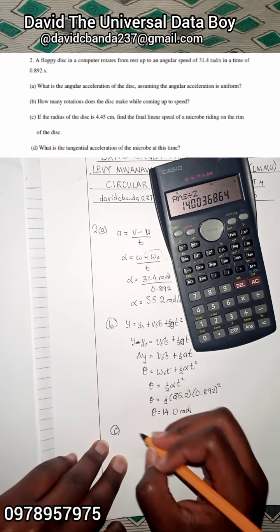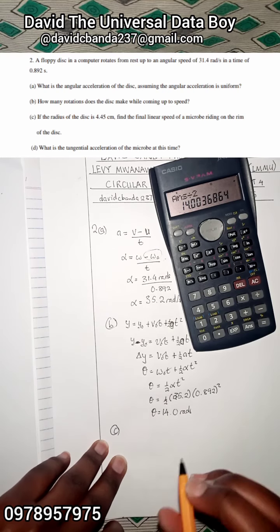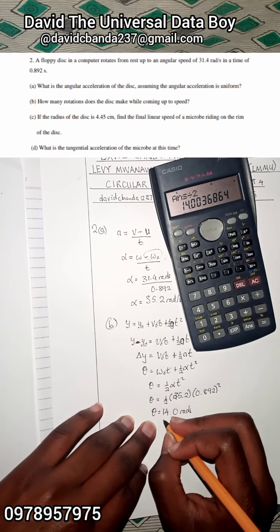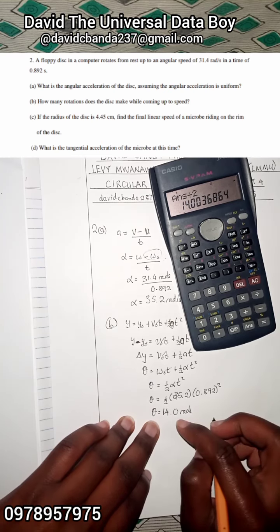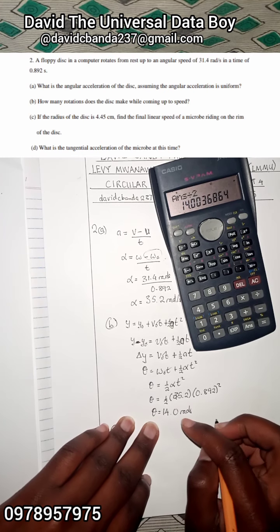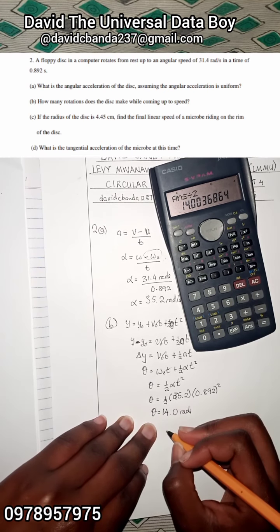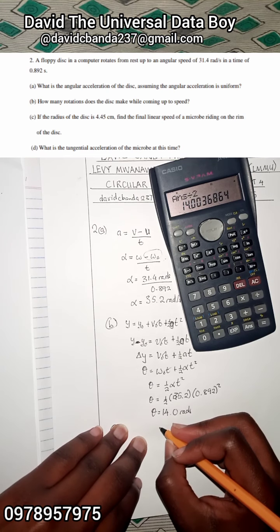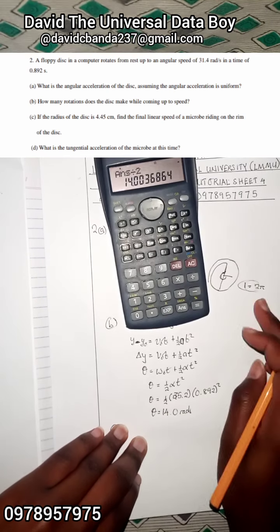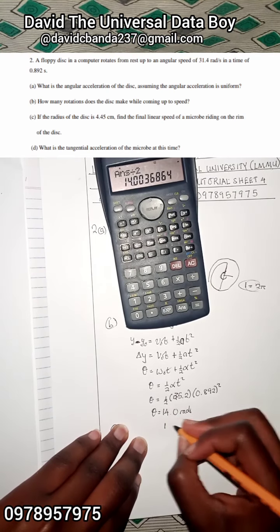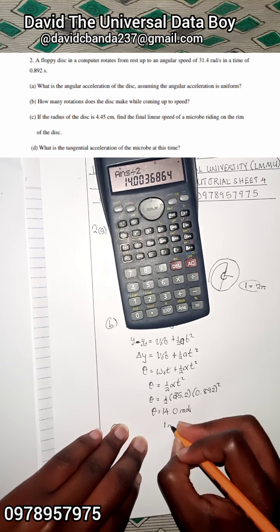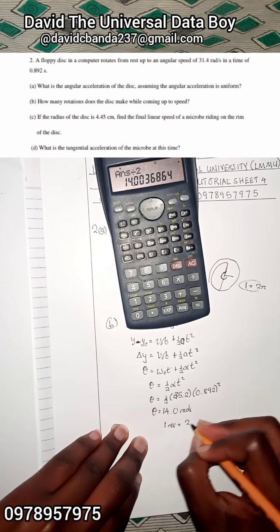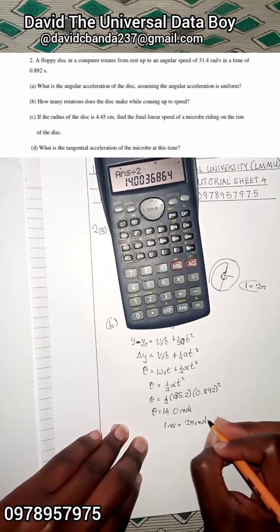So now before we go to C, this is our theta, but then we are being told to find the number of rotations here. So now we can use this conversion. One revolution is equal to 2 pi rads.